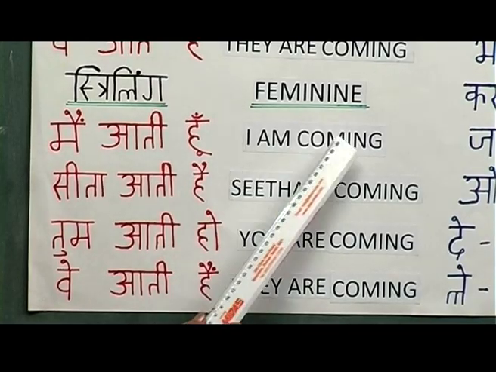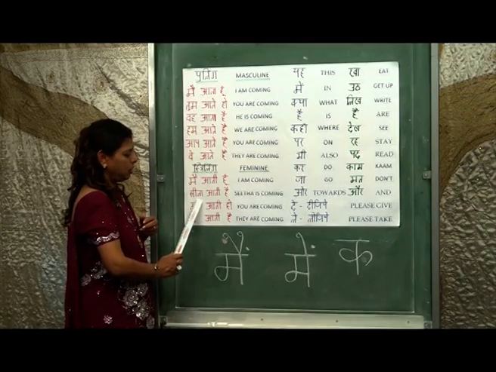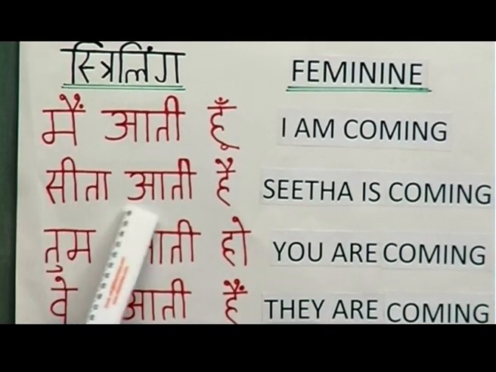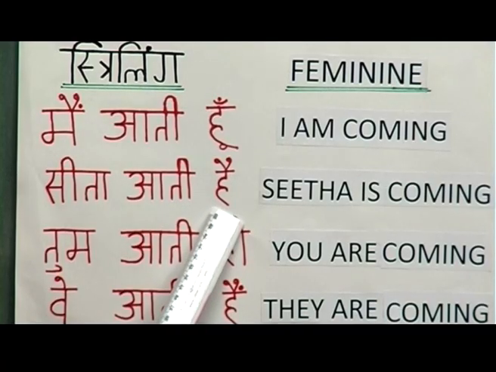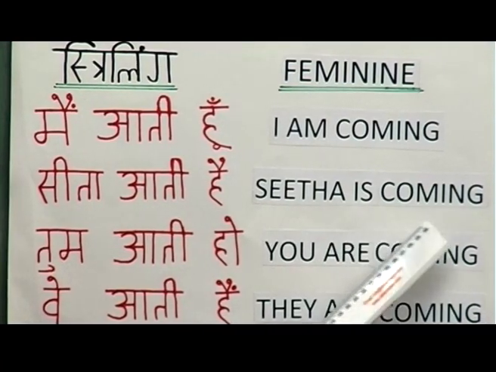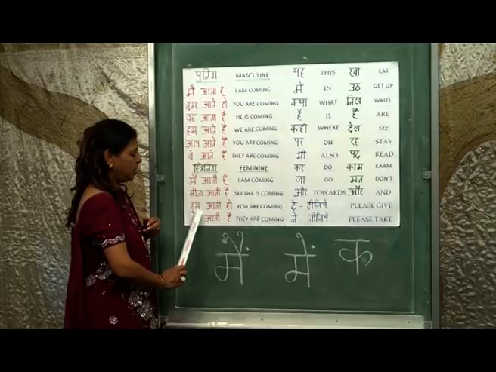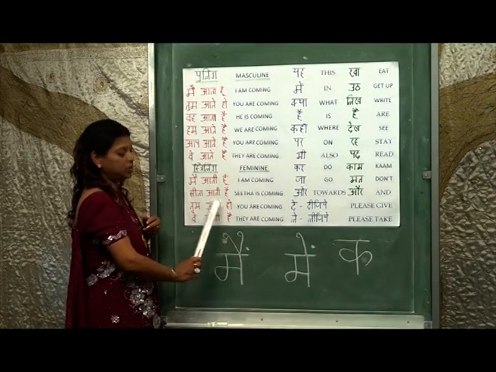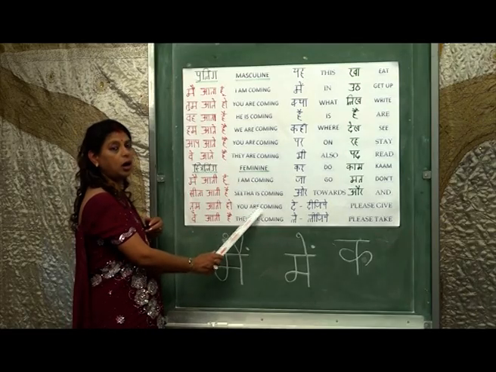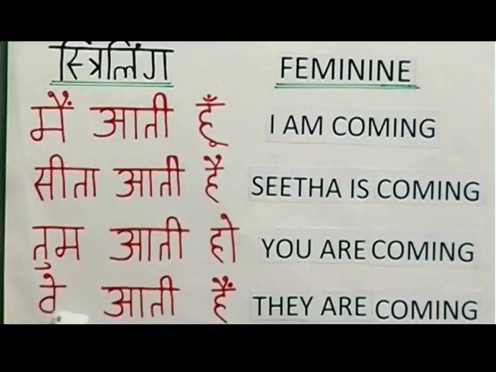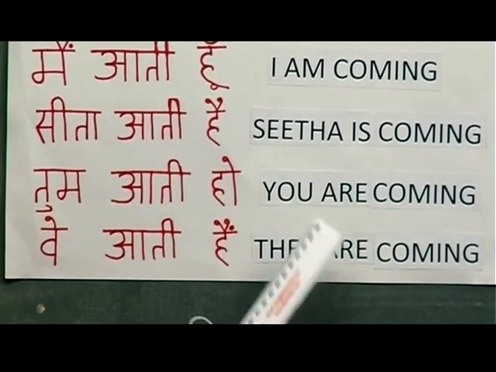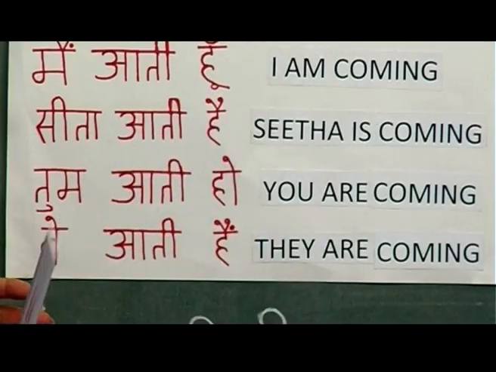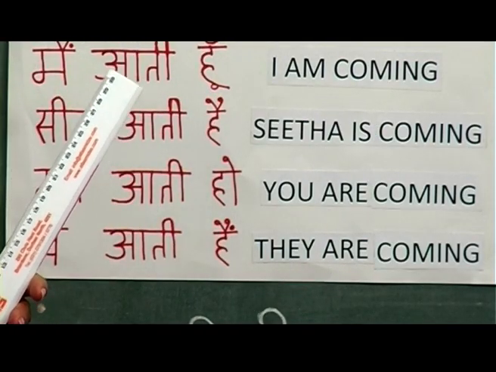Means the same thing, I am coming. Here we have used a name, Sita. Sita आती है. Sita is coming. तुम आती हो. Again, it's referring to a female. You are coming. वे आती हैं. They are coming, referring to a few females.